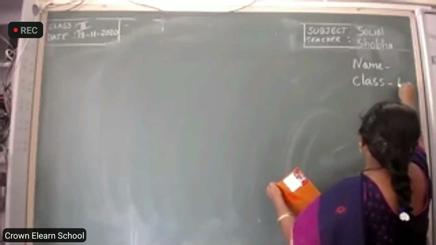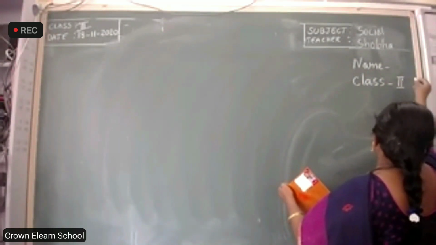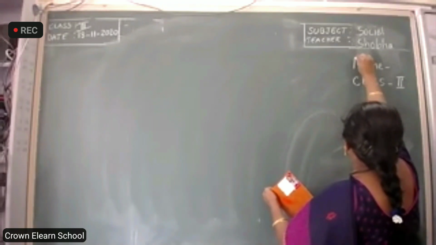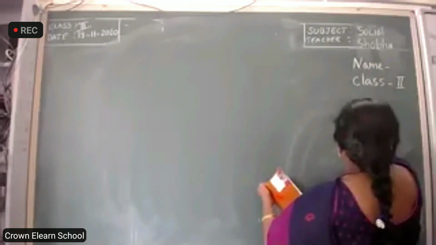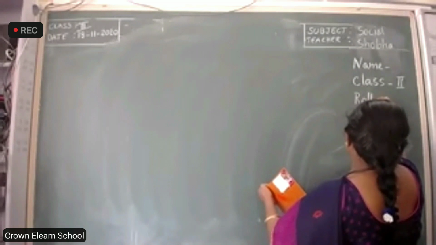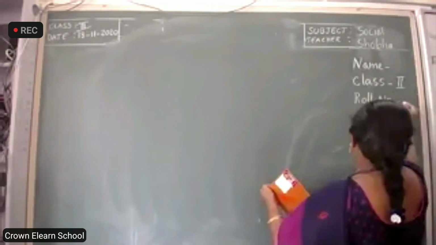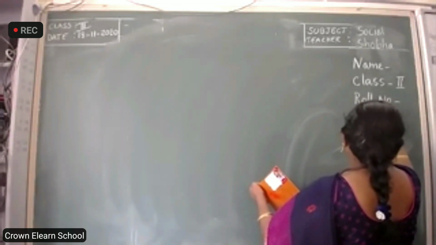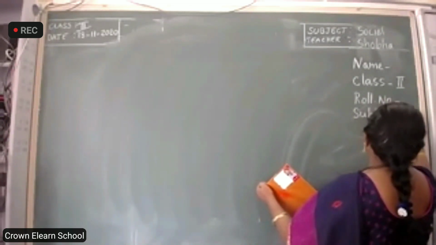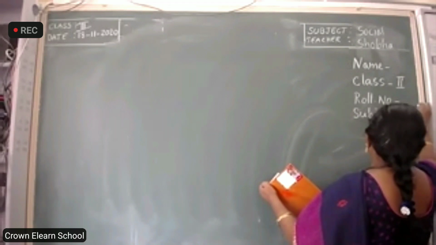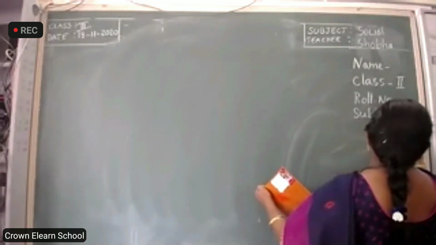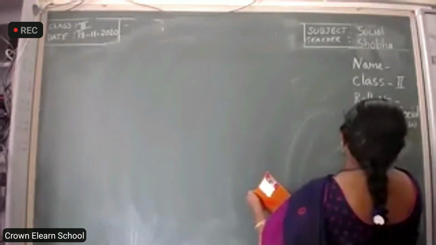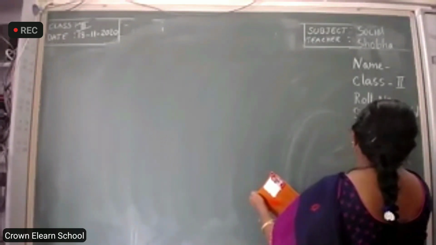Class: now you got sections, isn't it? You can write class and section. Roll number also is given, now you can write your roll number. Subject: social classwork. Term 2.